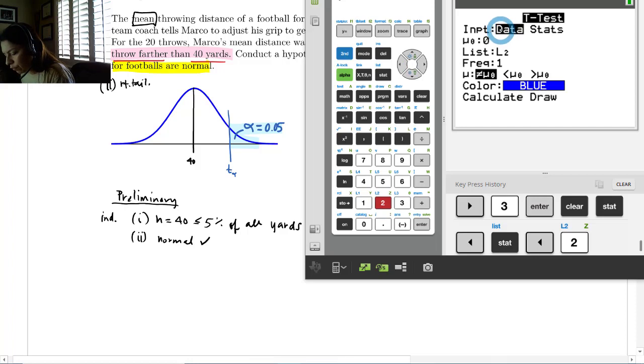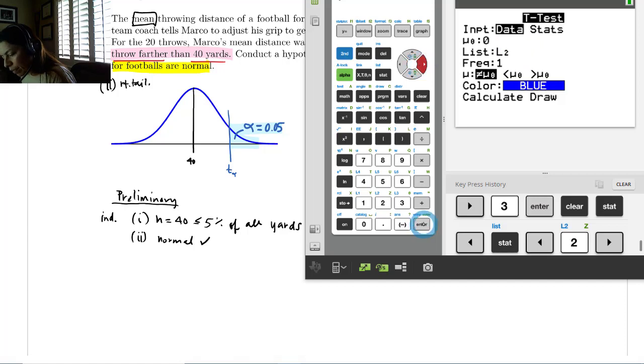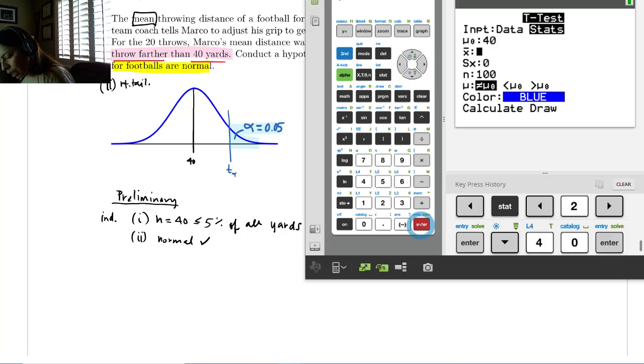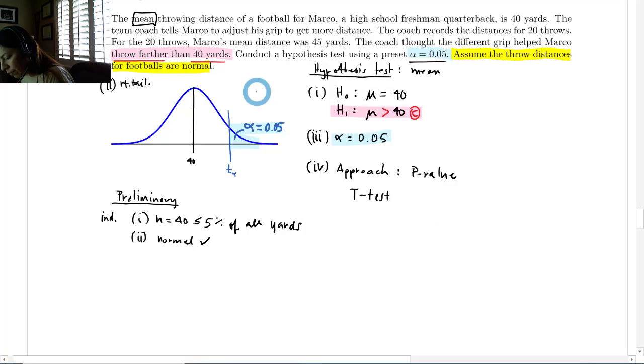You've seen this before with confidence intervals. Just go to stats because they gave us everything we needed. If we enter the mean of 40, the sample mean was 45.